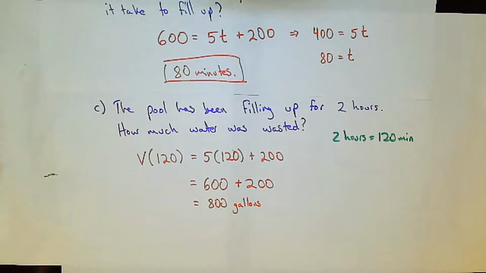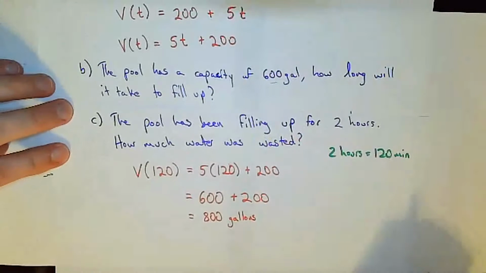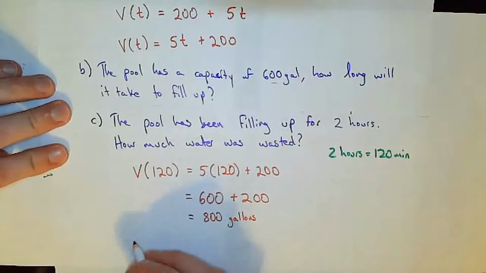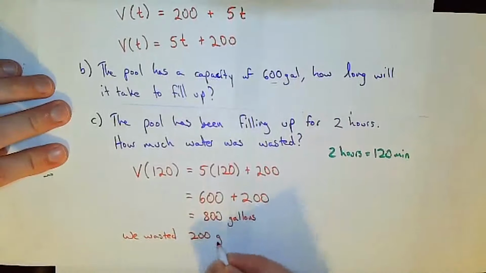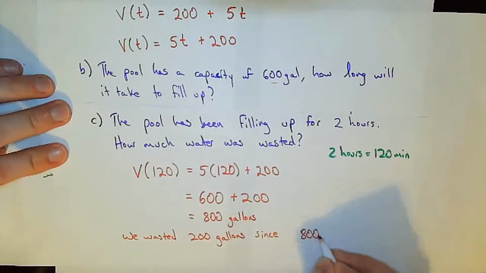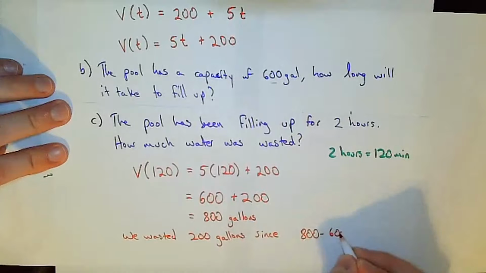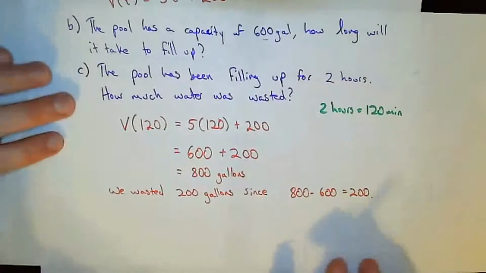The question was how much water was wasted. Well, the pool has a capacity of 600 gallons, so we wasted 200 gallons since 800 minus 600 is equal to 200. So that 200 was excess.